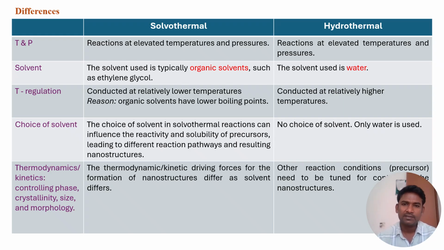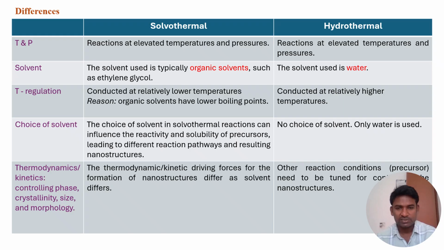Say for example, let us take solvothermal and hydrothermal as an example and try to understand the difference. Temperature and pressure: in solvothermal, the reactions occur at elevated temperature and pressure. Similarly, in the hydrothermal method, the reaction occurs at elevated temperature and pressure. Solvent: the solvent used is typically an organic solvent.